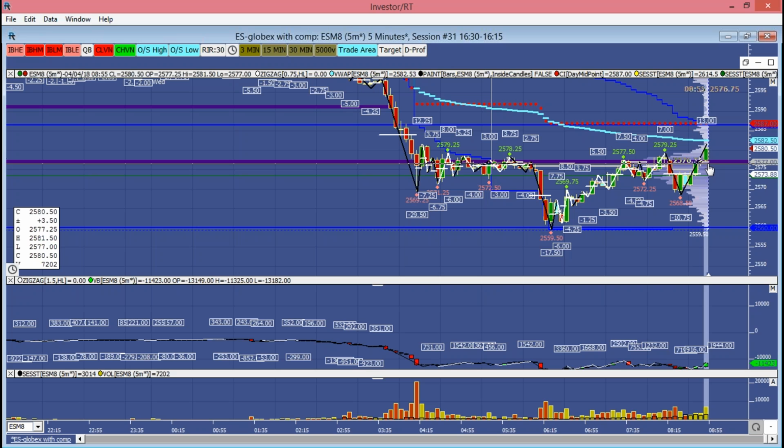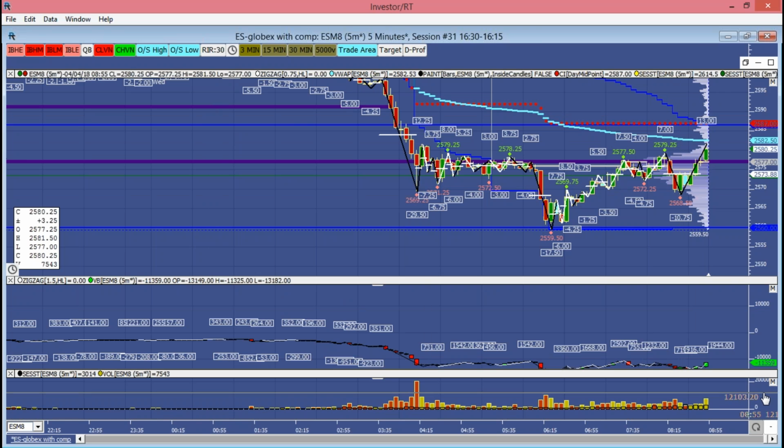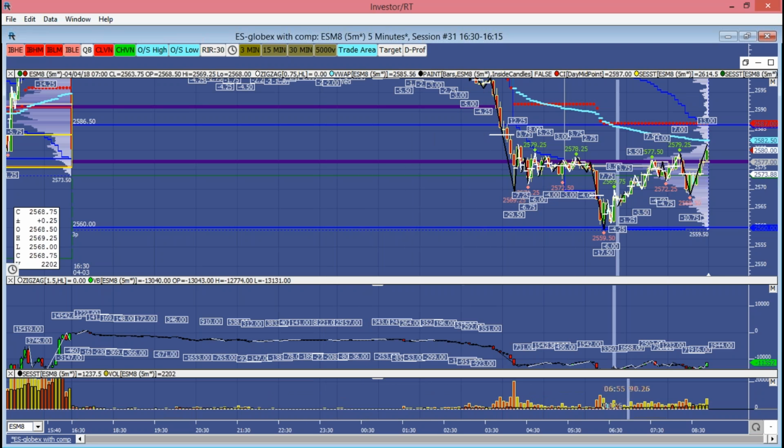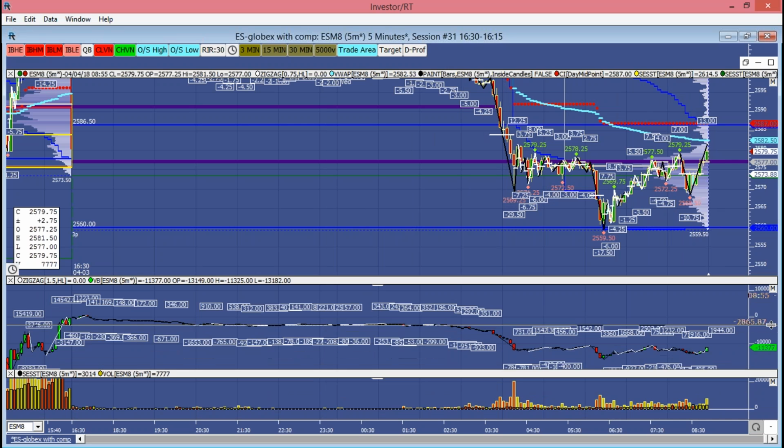But our range is 55 points in the Globex. That's larger than the range that we had in the RTH yesterday. And you can see we have had some serious OTF participation once Europe opened. So Europe has been very active on the sell.